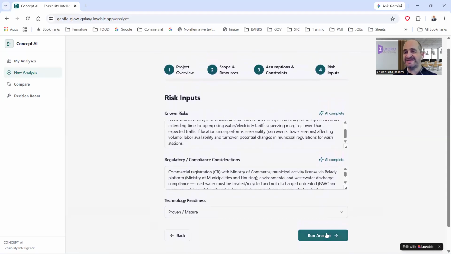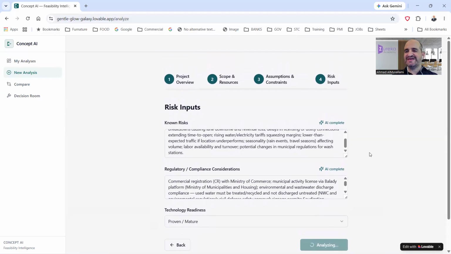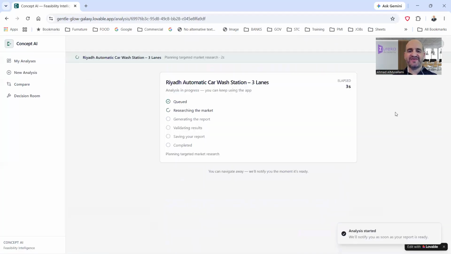Let's run the analysis and see what comes of this case, this project as per the provided information. And we can see now the model in action. It is doing first, we're getting our queue and research of the market.